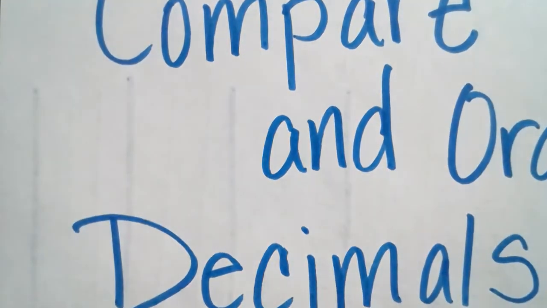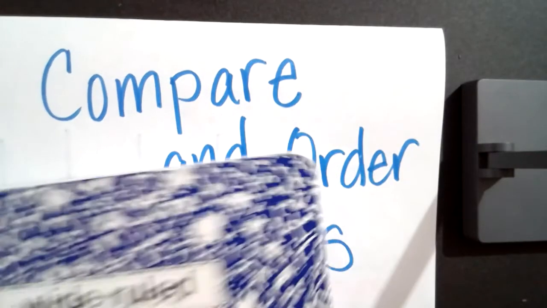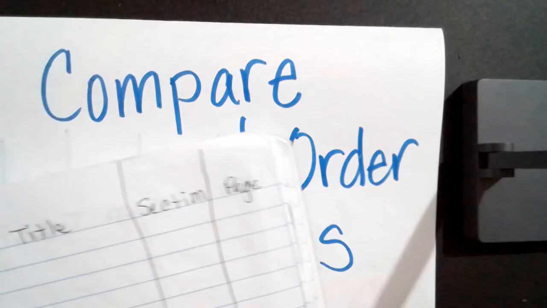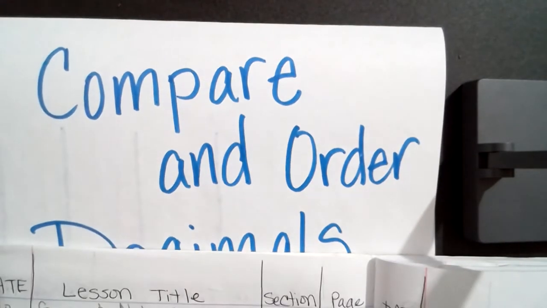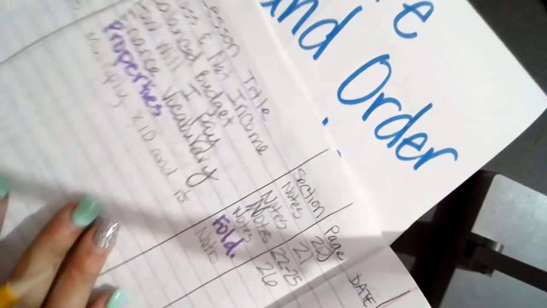So I want you to fold this down just like that, and you are going to glue that into your math log and label it in your table of contents as comparing and ordering decimals. So comparing and ordering decimals, and that's going to go into the notes section. So today is, my camera moved.